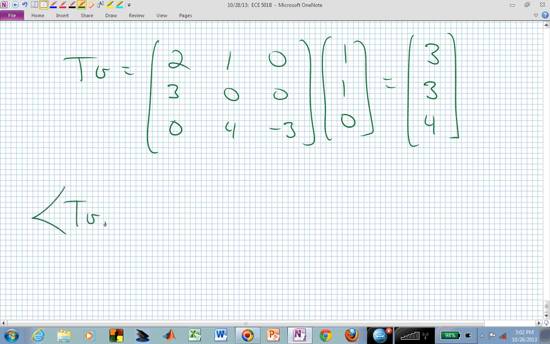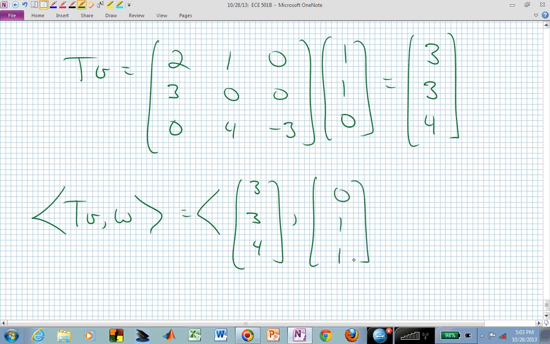that with W. That's 3, 3, 4, and what was W? That was the YZ plane, wasn't it? And let's just use the Euclidean inner product.